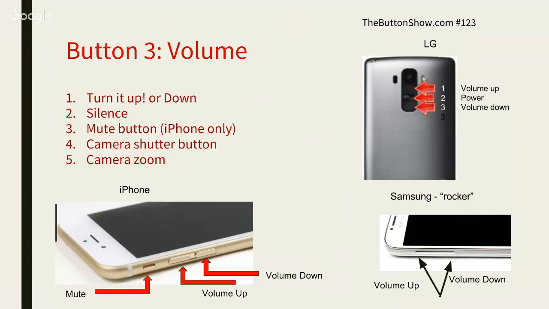And on the iPhone, there's a special button called mute, and it is a toggle. If you have it pressed down so that it shows red, then your ringer is off. You need to have that not be red in order to get your phone calls. And the volume buttons have a special feature in that they will operate your camera shutter or zoom.